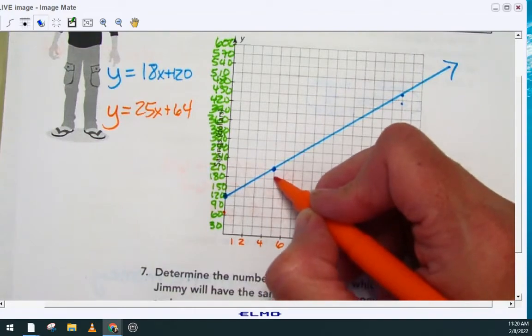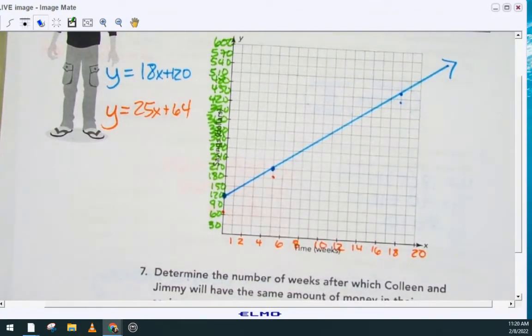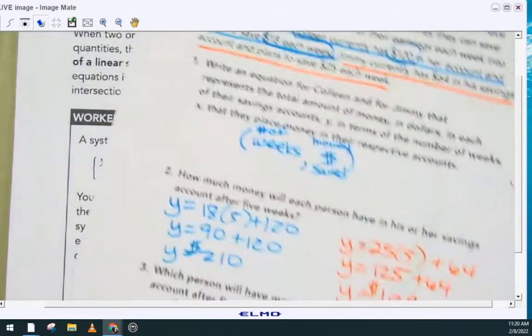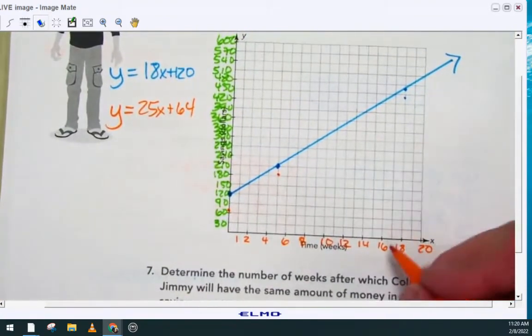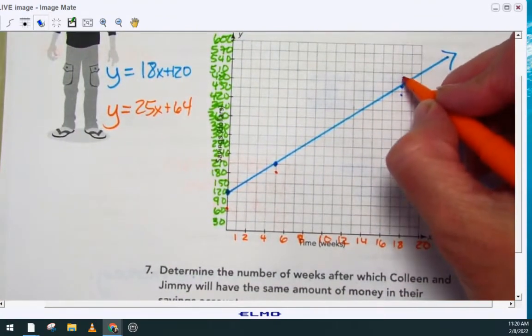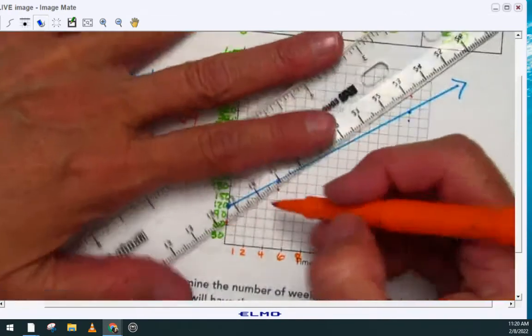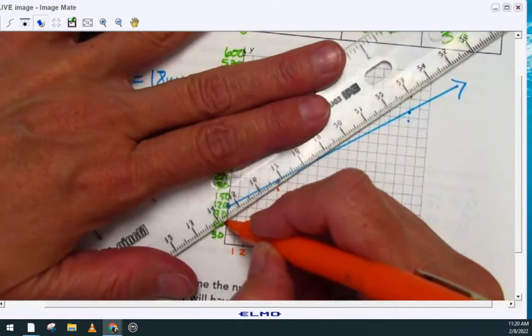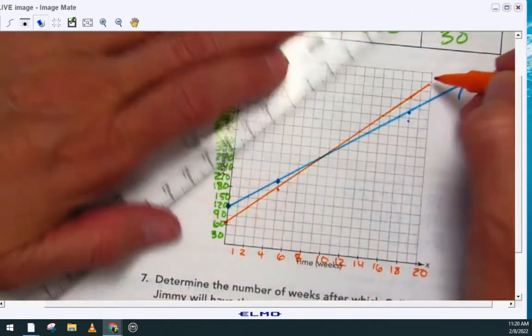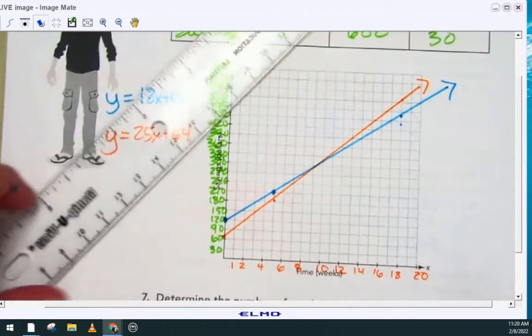So there's 180. So about right there. And he was 514 at 18 weeks. Let's see if I can do this better this time. 514. Somewhere up there. Okay.